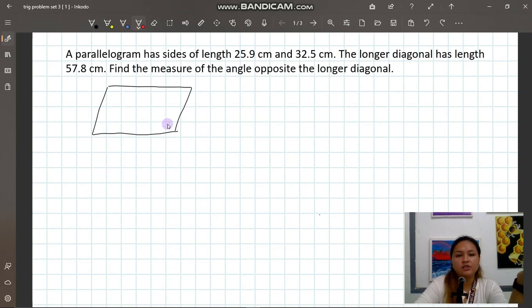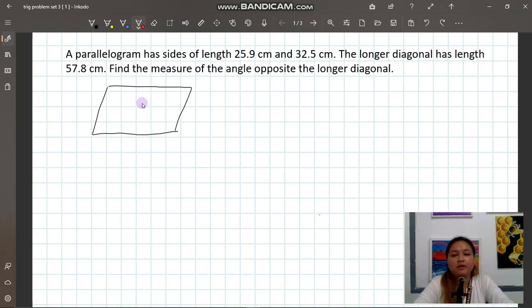Good. So we have different angles, though the angle here and the angle here are equal, and opposite angles are equal. So that is our parallelogram, just to recall its properties.